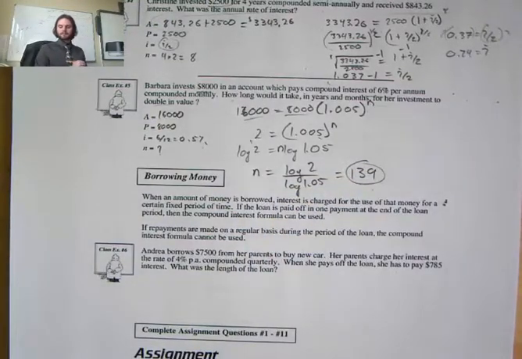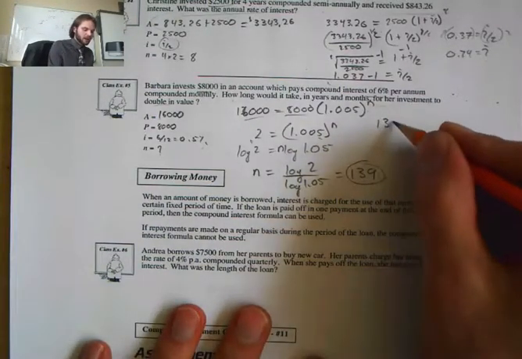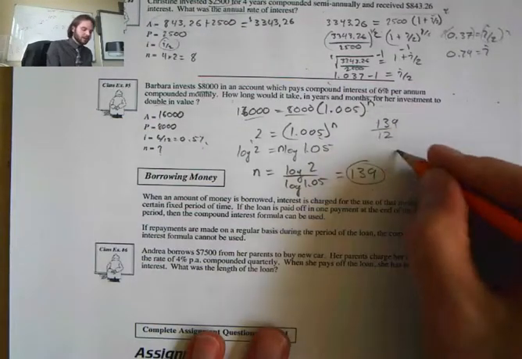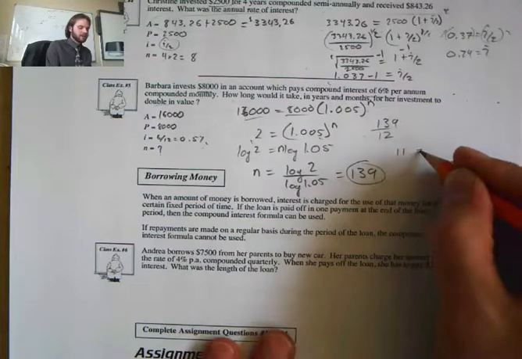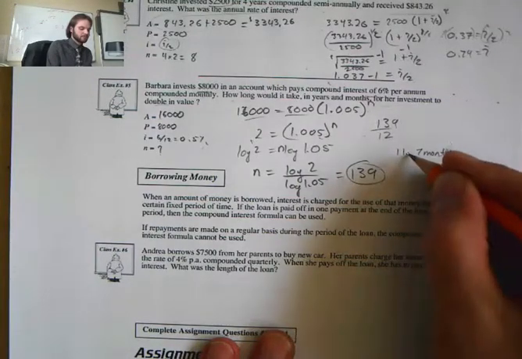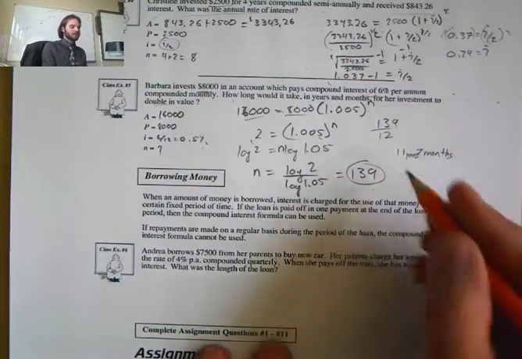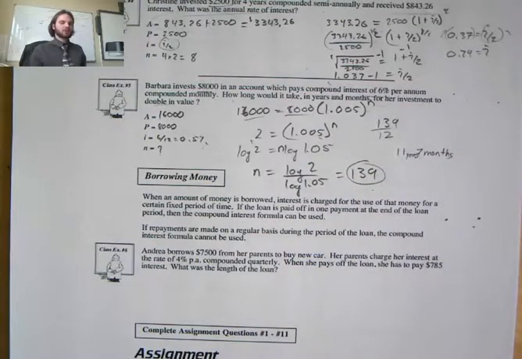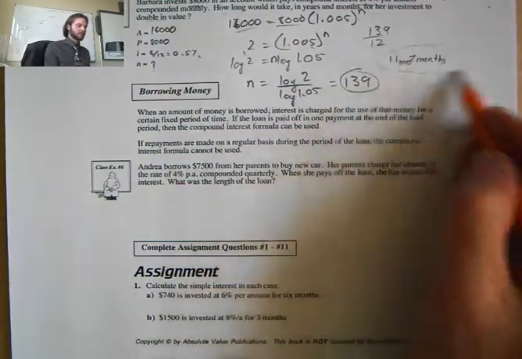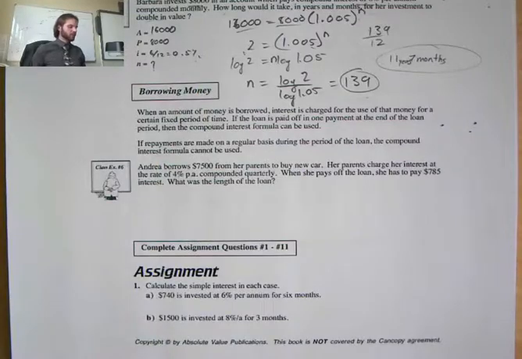So there's 139 compounding periods, so I'm going to go 139 divided by 12, which will end up giving me 11 years and 7 months. So it's 11, remainder 7. We just kind of have to go that way. So it's 11 years and 7 months it will take for it to double.